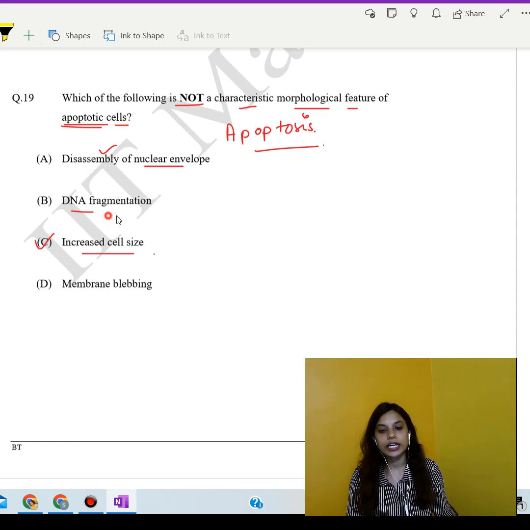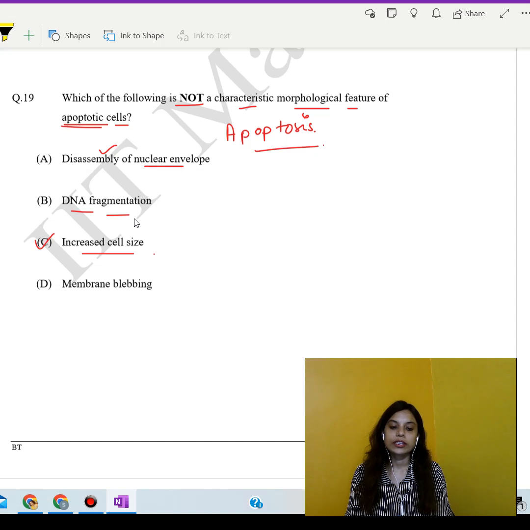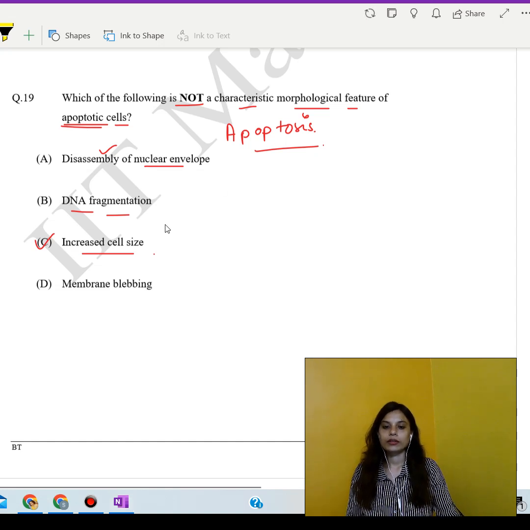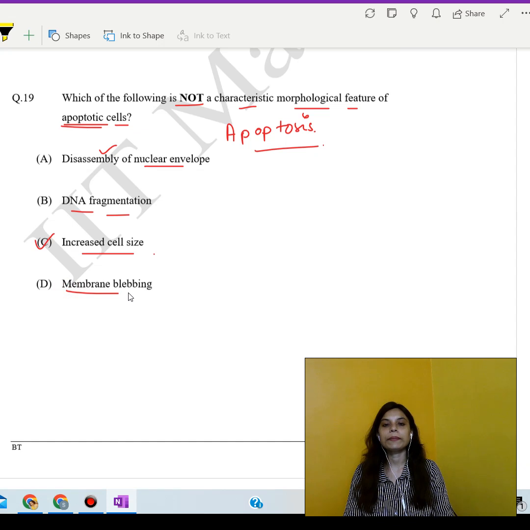Then what happens? DNA fragmentation happens. Now in DNA fragmentation, the DNA in the nucleus is broken down into smaller fragments. Then happens membrane blebbing. Okay, the cell membrane forms small bulges or blebs on the surface. Next happens cytoplasmic shrinkage.